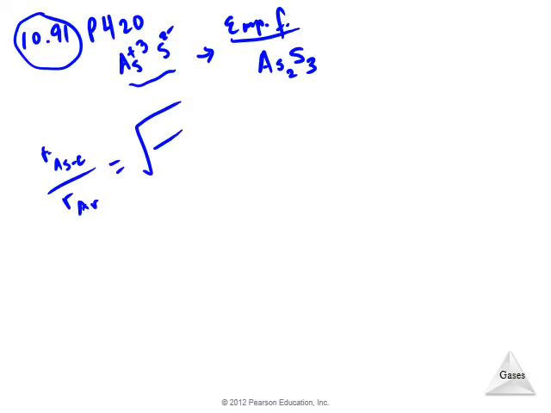So like the arsenic compound, when its rate is on the top, its mass would be in the bottom. So mass of arsenic compound, and on the top you'd have mass of argon.